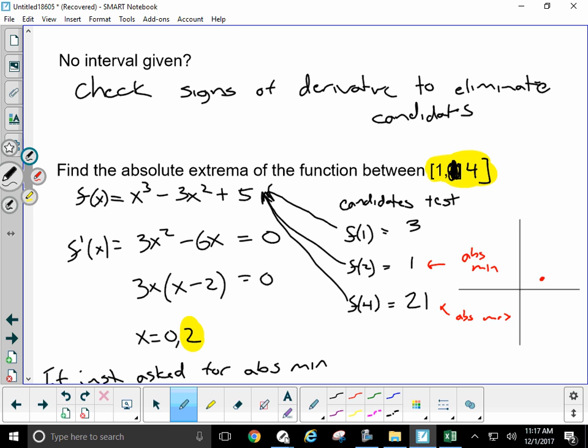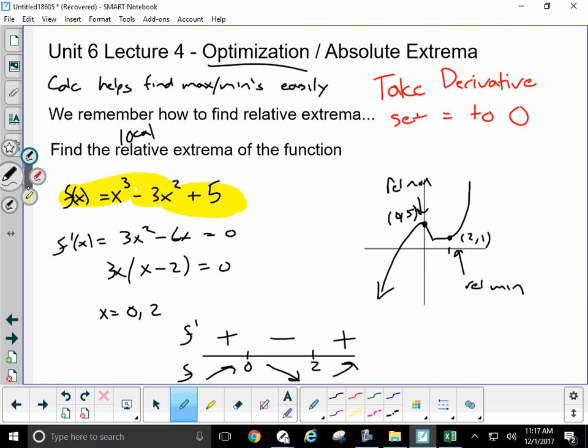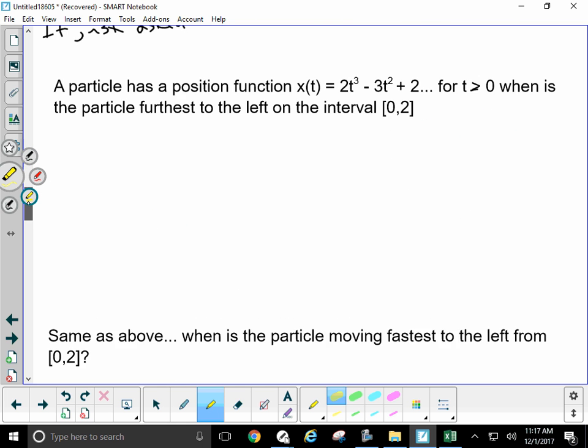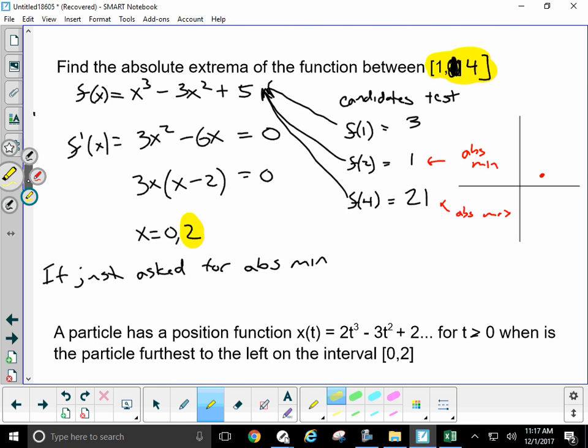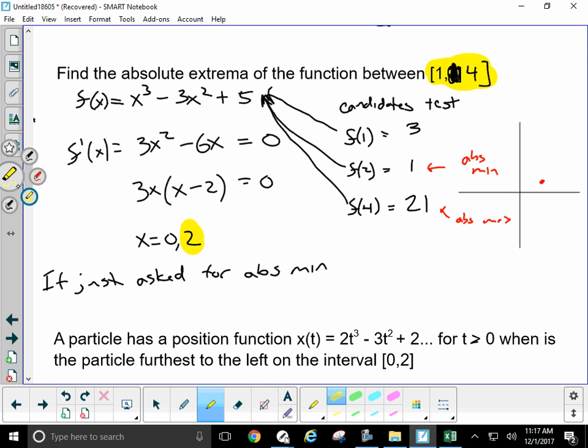Okay? Let me show you. If I just asked you for the absolute min, well, instead of going straight to this, I'm going to do a little bit extra work before checking candidates. I'm going to do this number line analysis that I've done before, that I'm comfortable with.